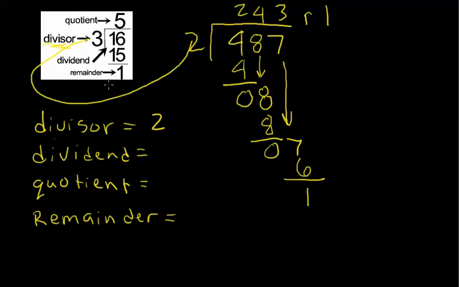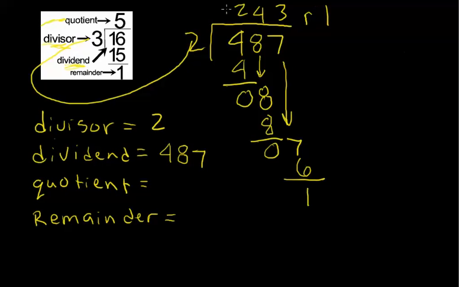Now let's look at the dividend. The dividend, if we look up here, is the number inside the box. So in this case, our dividend, the number that we're going to divide, is 487. Okay, the quotient. The quotient is the number that is the answer to the question.